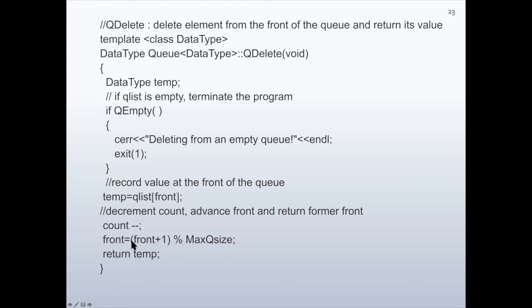So if it was equal to max queue size minus 1, by this incrementation and by the remainder operation, it becomes 0 because we are designing the queue to be circular, and then it returns the value of temp, which was the front element in the queue.